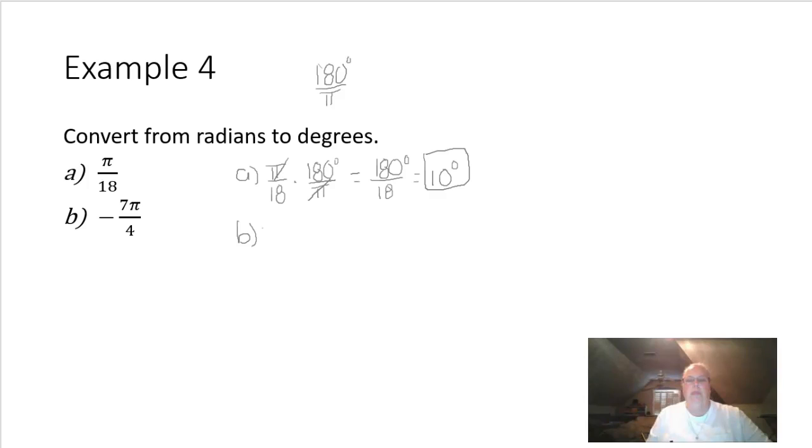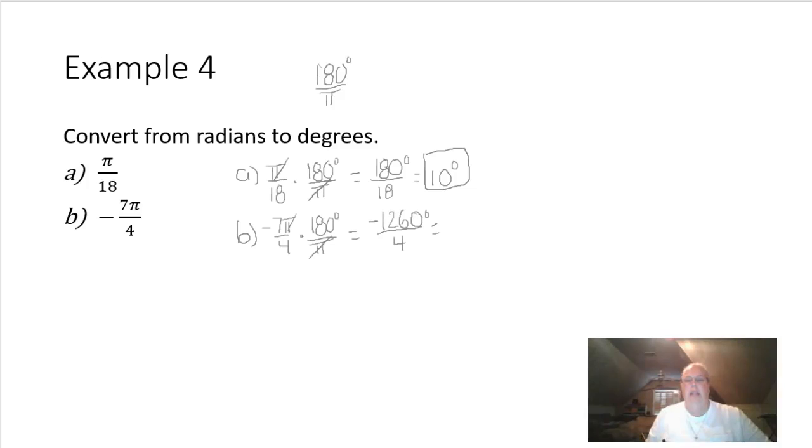For B, we're going to take negative 7 pi over 4 and multiply it times 180 degrees over pi. Once again, the pi's will cancel out. Let's see, negative 7 times 180, 7 times 0, 7 times 8 is 56, so 1,260 over 4, and this is in degrees.